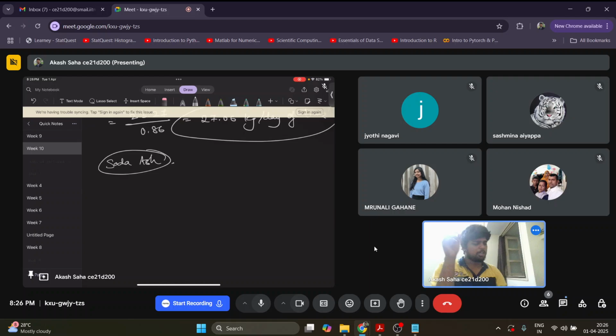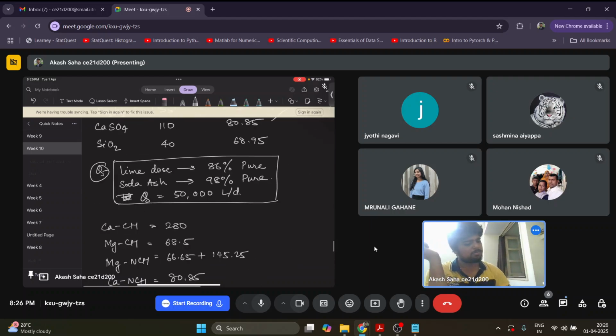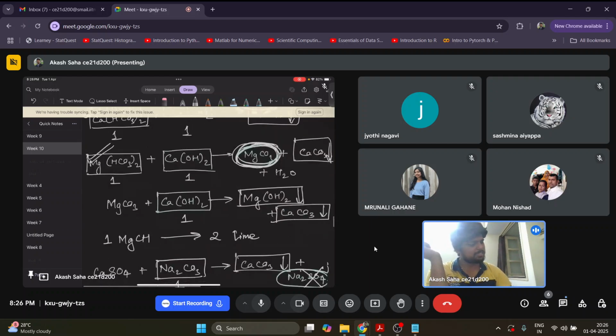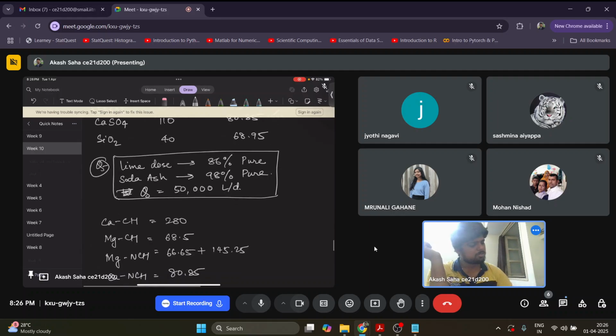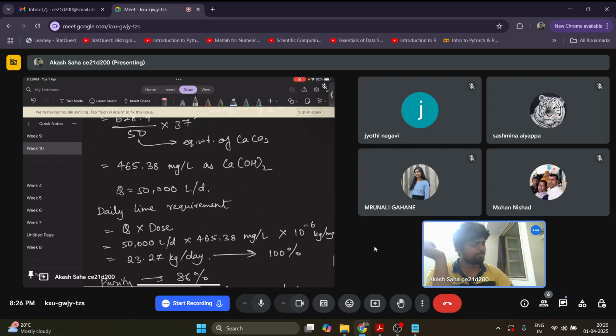For soda ash, what is required? 1 mole of calcium non-carbonate hardness and 1 mole of magnesium non-carbonate hardness. So that's all. These two you just have to add, 1 mole each.